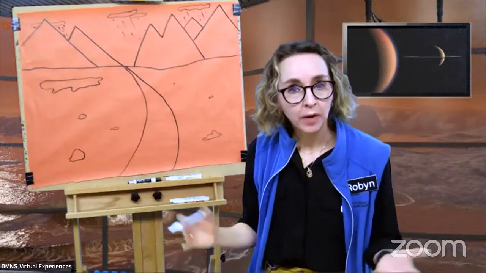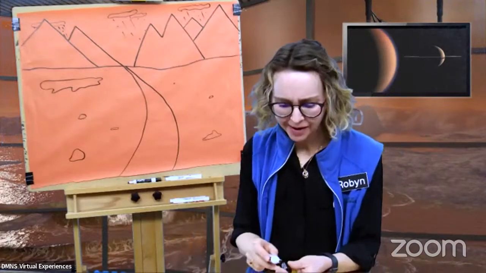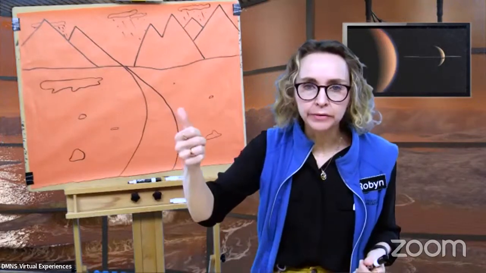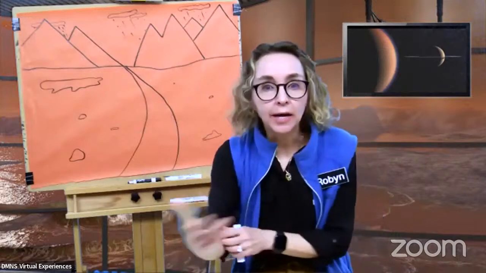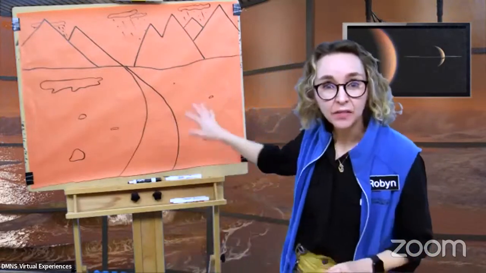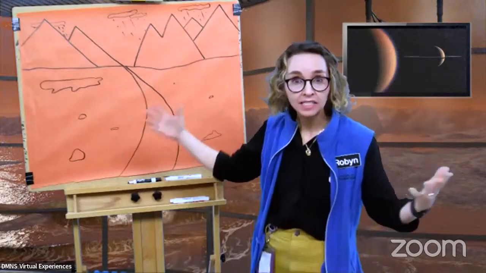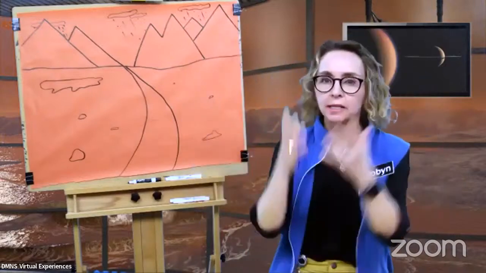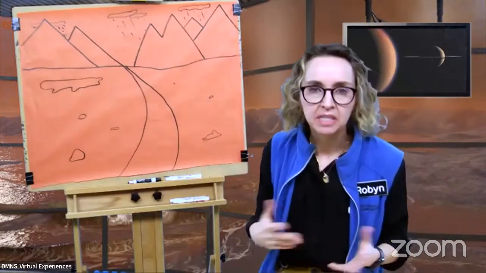Perfect. You might be wondering, where does all that methane come from? They don't have cows, they don't have cars, they are not growing things, there are no people, but they think that there might be ice volcanoes under the surface that are just kind of belching this methane out continuously.